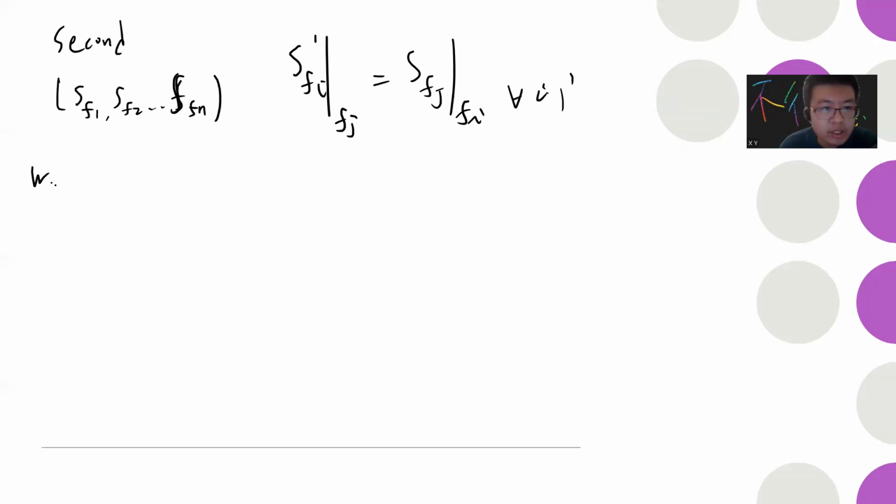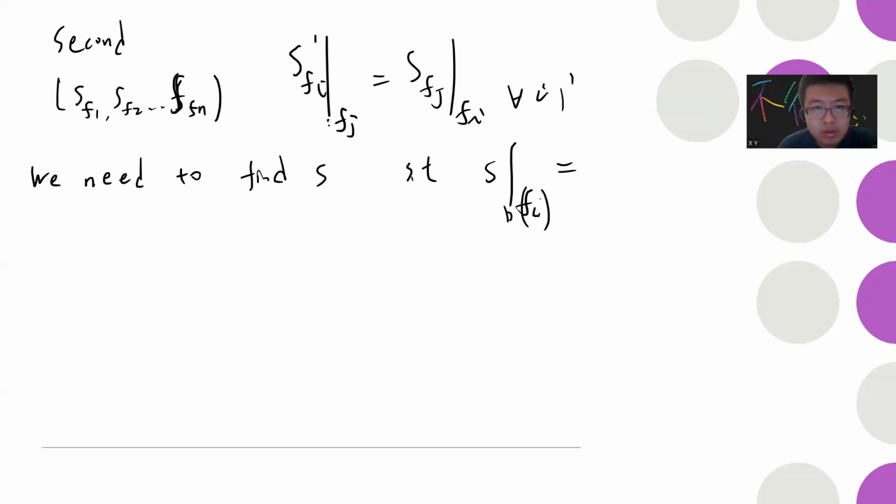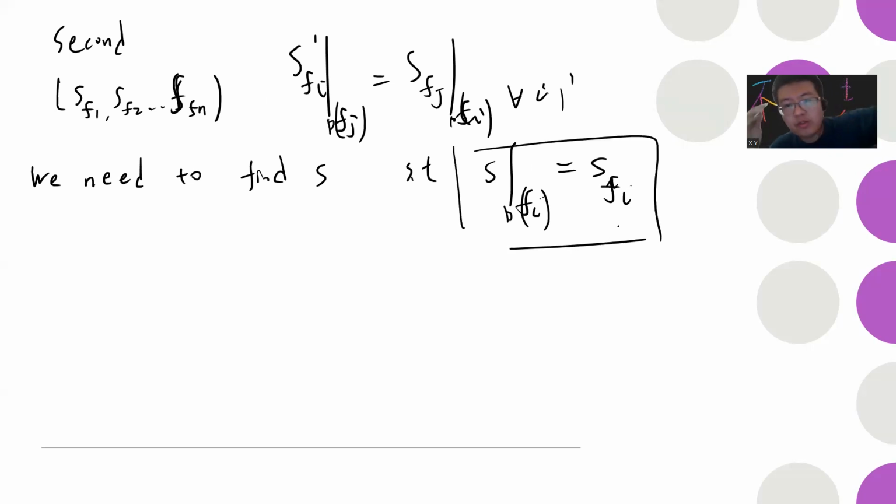Then we need to find an s such that s restricted to the open set D(f_i) will be the same as s_i. So if we have functions which agree on every intersection, then there must be a global function which generates them.